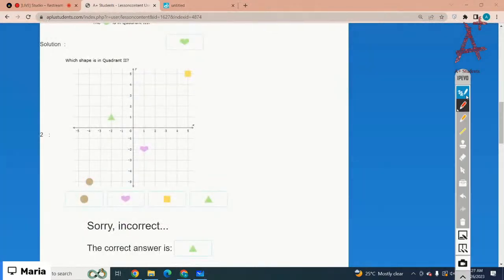Okay, which shape is in quadrant 2? That is quadrant 1, that is quadrant 2, that is quadrant 3, and that is quadrant 4. So here is quadrant 2. In quadrant 2 you have a triangle.